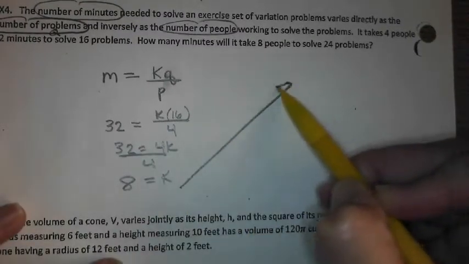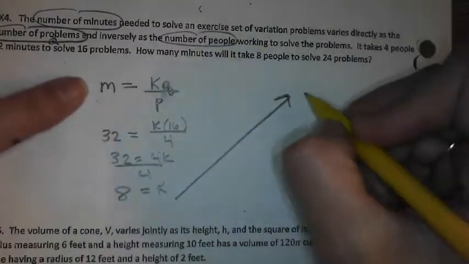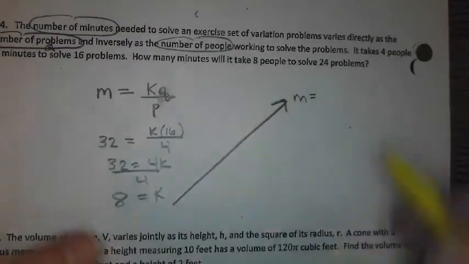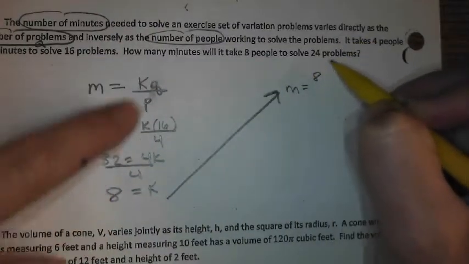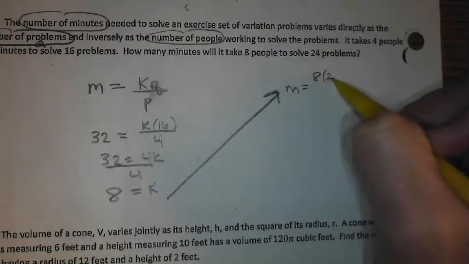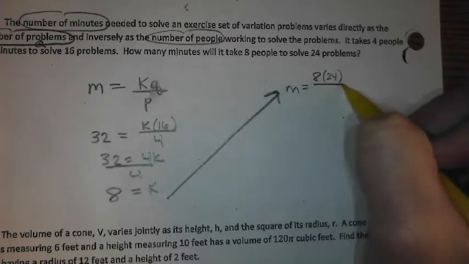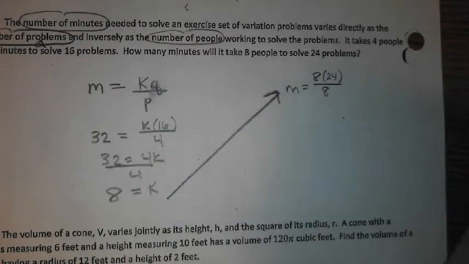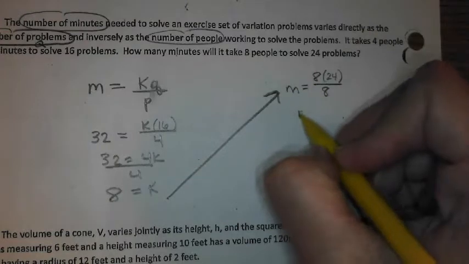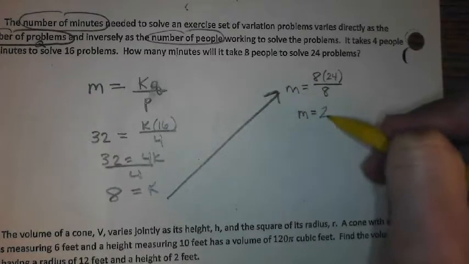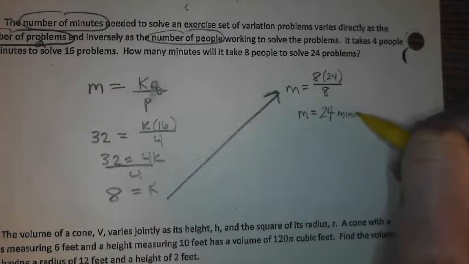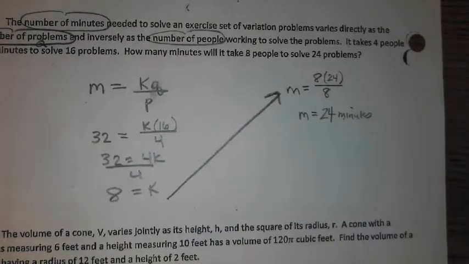And then we're going to go solve the question. How many minutes? So M equals. Our K is 8. Our new number of questions is 24. Our new number of people is 8. So your number of minutes is 24. Pretty easy stuff, right?